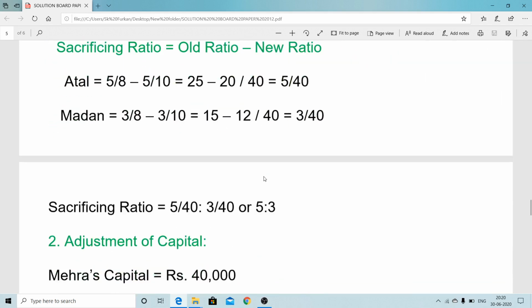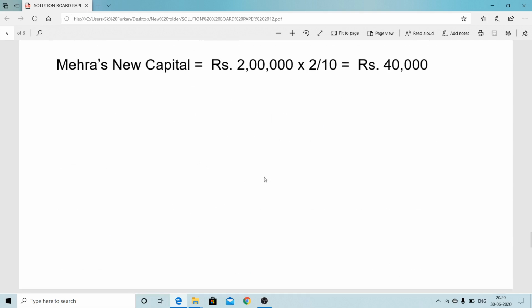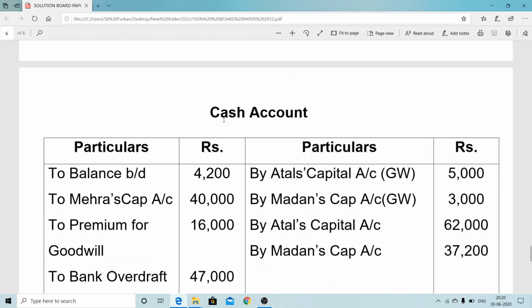Now here, if you open the cash or bank ledger, actually here we can write bank ledger, it will be better. With the help of the cash ledger, we can understand also, like cash to balance BD, that is the opening balance provided 4,200, and the contribution of the new partner's capital, goodwill, and these two old partners withdrew their amount of goodwill 5,000, 3,000, half of the amount withdrawn.